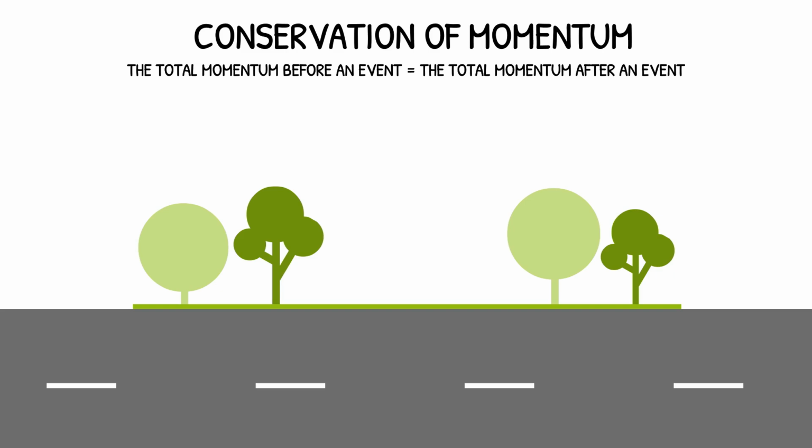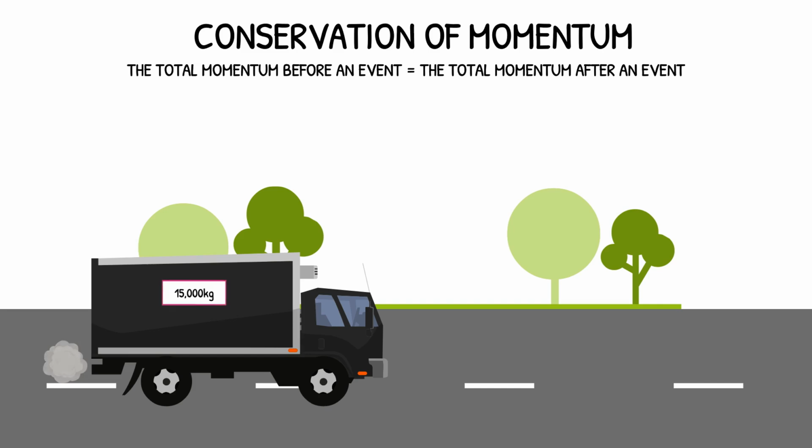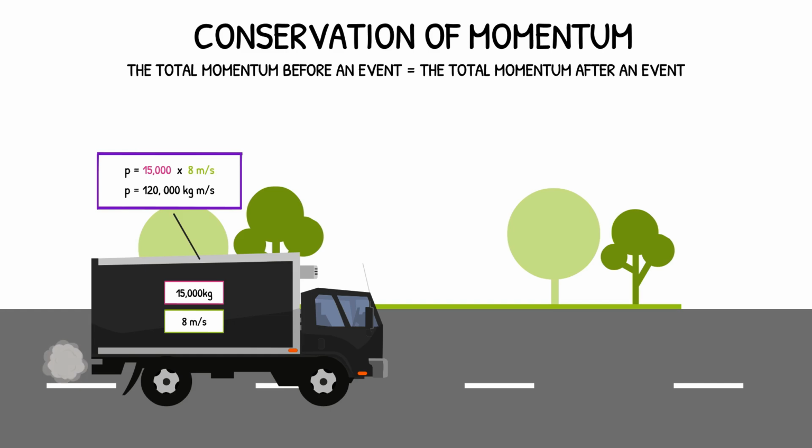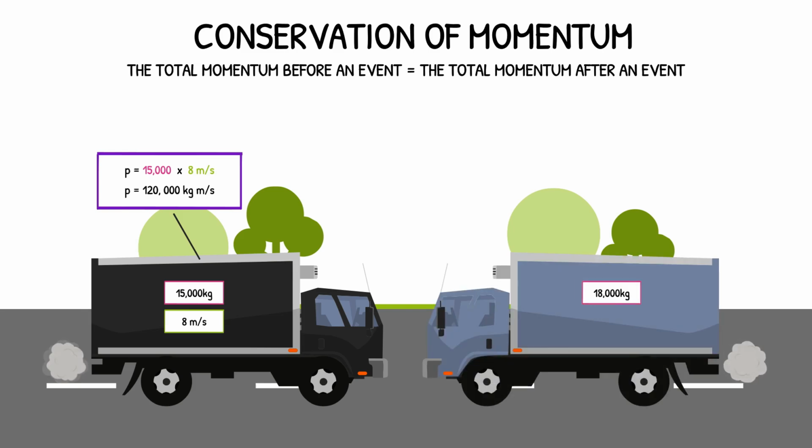For example, a truck with a mass of 15,000 kilograms is travelling at 8 meters per second eastward. The truck has a momentum of 120,000 kilogram meters per second. And a truck with a mass of 18,000 kilograms is travelling at 5 meters per second westward.